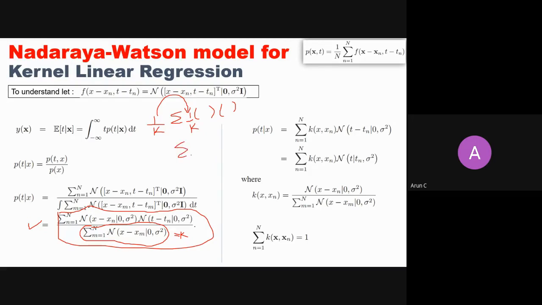Then you can write it as the summation of the first term by k times the second term. This is how we have simplified it.